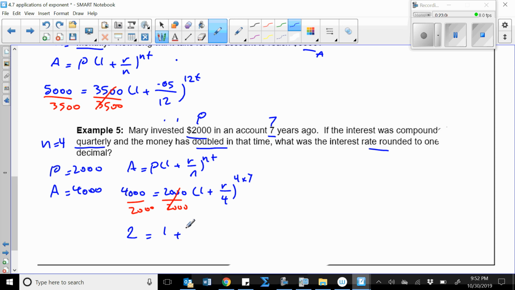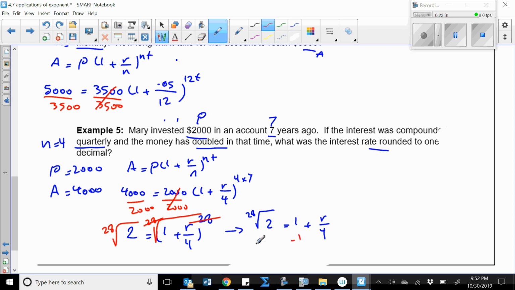The right side is 1 plus r over 4 to the power of 28. Now I need to solve for r, but this r is stuck here in parentheses with a power of 28. So I need to get rid of this power of 28. The best thing here is to take the 28th root of both sides. This way, this 28 will go away. So I will have the 28th root of 2 is equal to 1 plus r over 4.